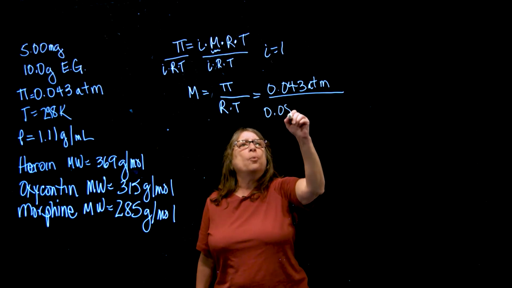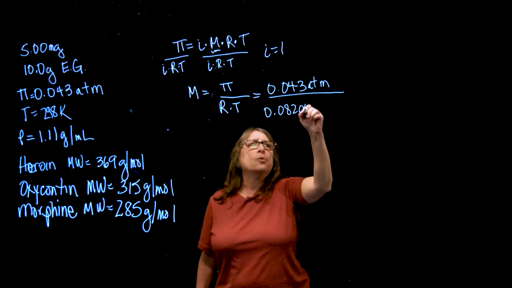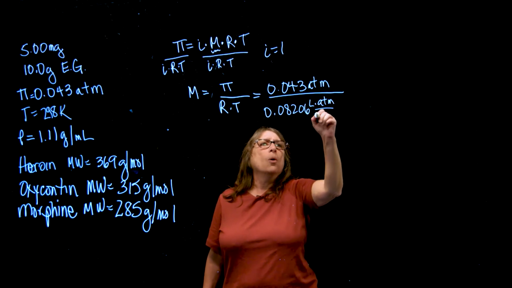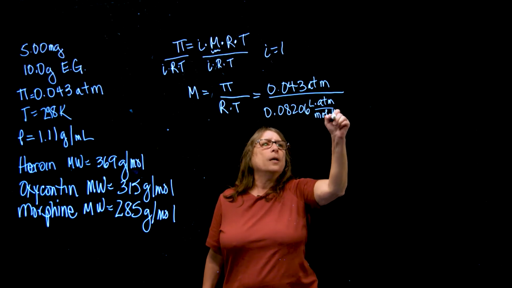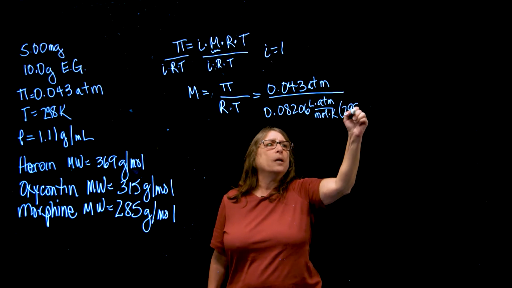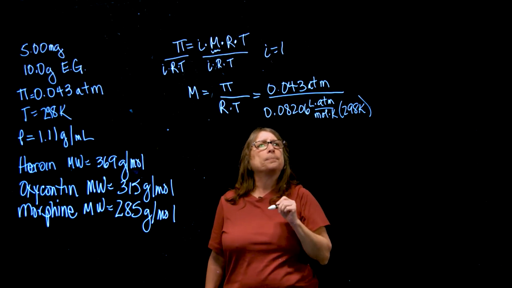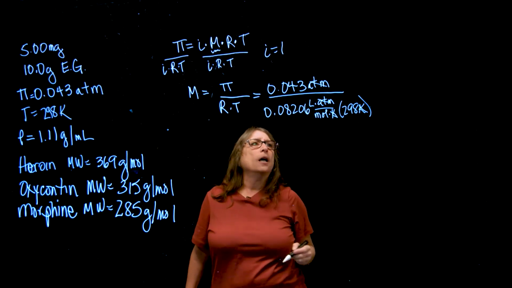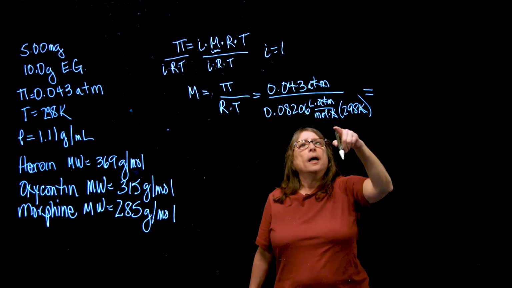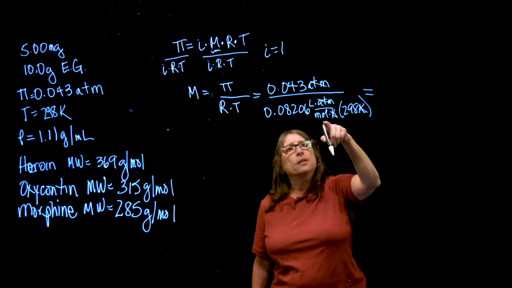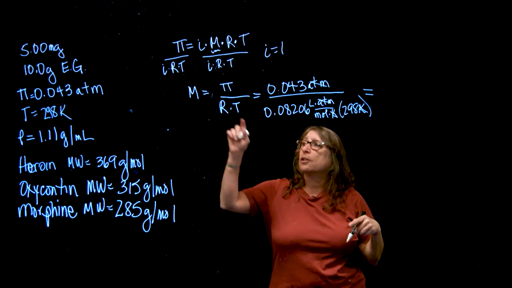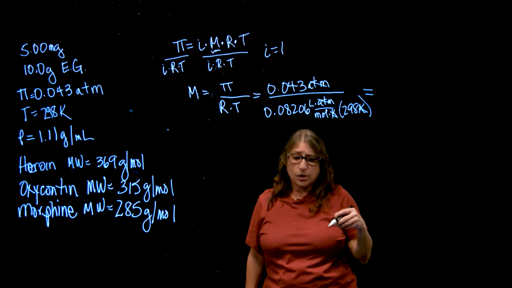So I need 0.08206 liter atmospheres per mole Kelvin. My temperature is 298 Kelvin. Let's see, my atmospheres cancel, my Kelvin cancel, and the mole, the denominator of a denominator, comes up top. So I'm going to have moles per liter, which is good because I'm looking for a concentration.